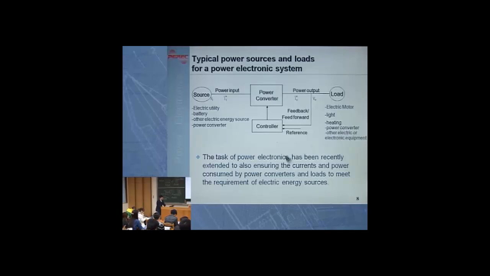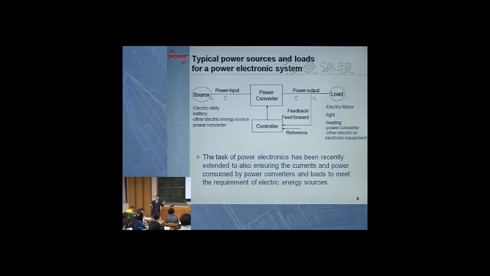The task of power electronics has recently been extended to also ensuring the currents and power consumed by power converters are in good form. Originally, power converters supplied the most suitable voltage and current for the load. Now they are also used to make sure the input power the converter consumes is in a good form.